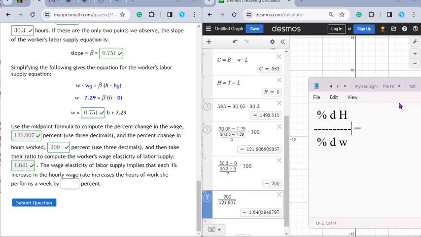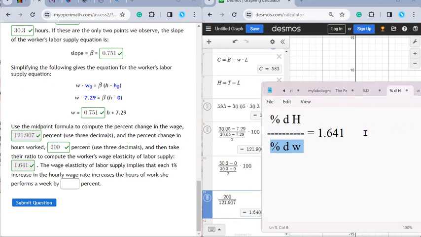Okay. And the elasticity equals a single number, 1.641, right? The elasticity is a two-part thing. This percent change in hours worked over the percent change in wages, right? But it equals one thing, right? One number. I'm going to decompose it into its components.